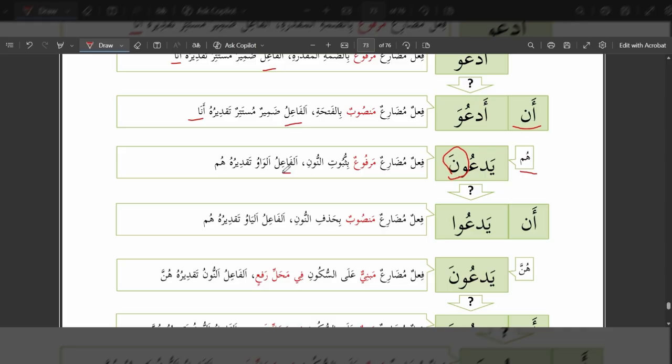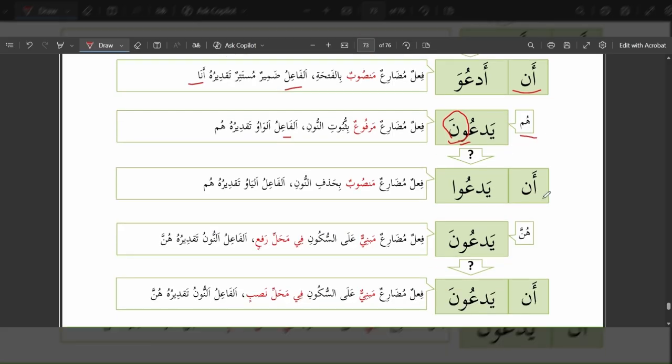And the fa'il here is the waw taqdiruhu hum. So the waw here is the fa'il, the doer of the verb, which tells us that it is hum, that is they all, male. So when we put an in front of it, an yad'u, that they all are calling.